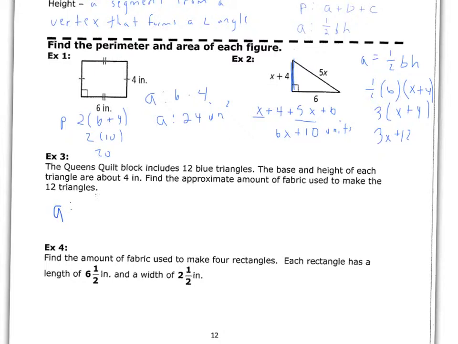Area equals 1/2 base times height. We know that the height and the base are 4, so it's 1/2 times 4 times 4.